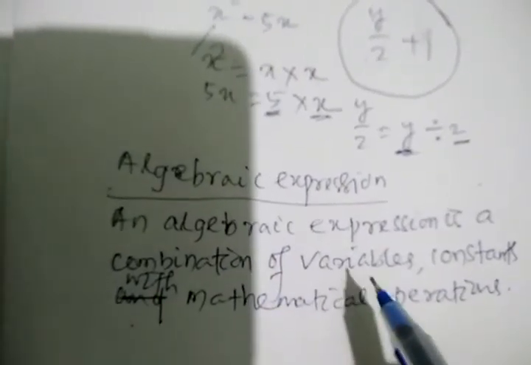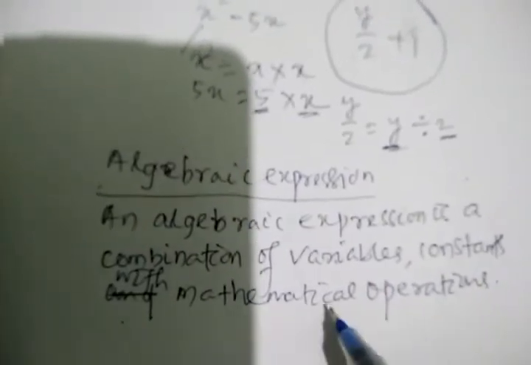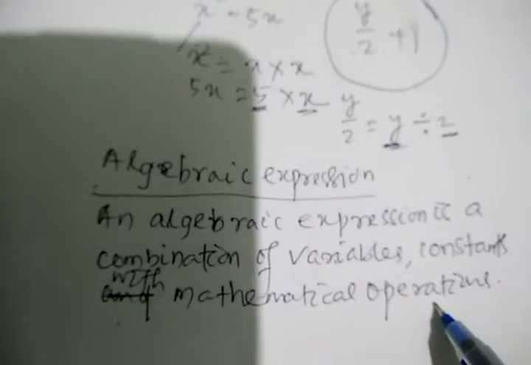When we combine a variable and a constant, we must take a mathematical operation.